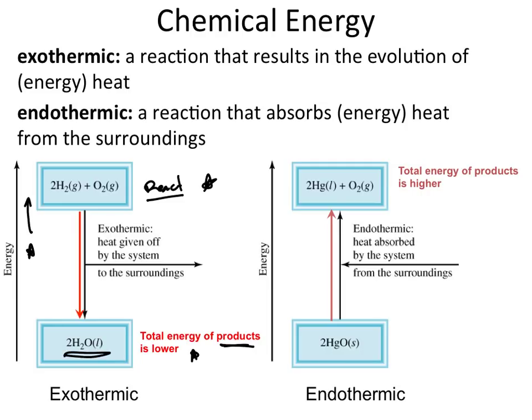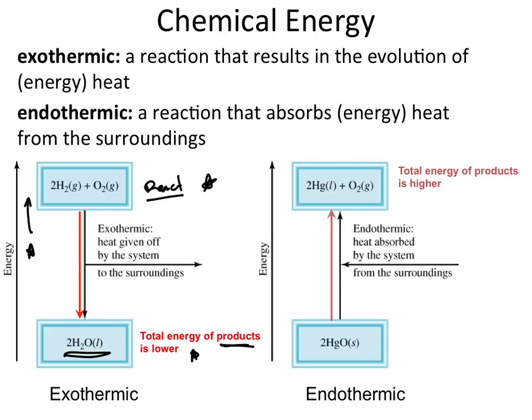Since energy is conserved, that energy has to go somewhere. In this case, that energy is converted into heat, which is given off by the system. So the container we have this reaction in will get warmer, because the reaction will heat up the surroundings with the heat that it evolves from converting reactants to lower energy products.